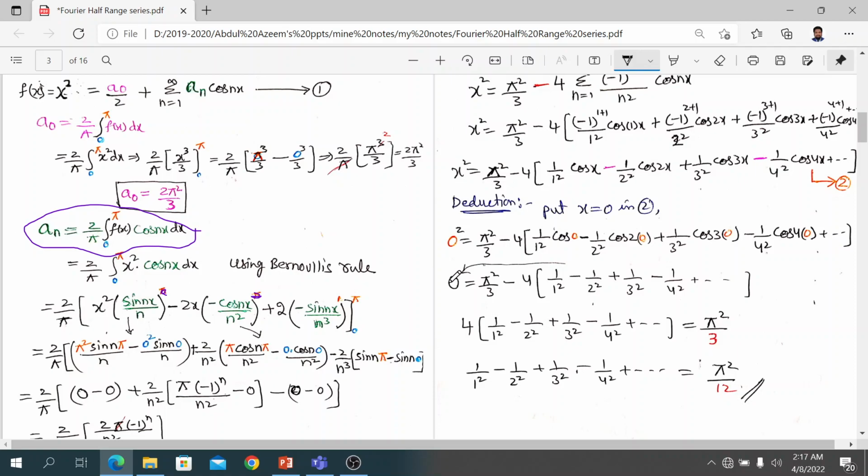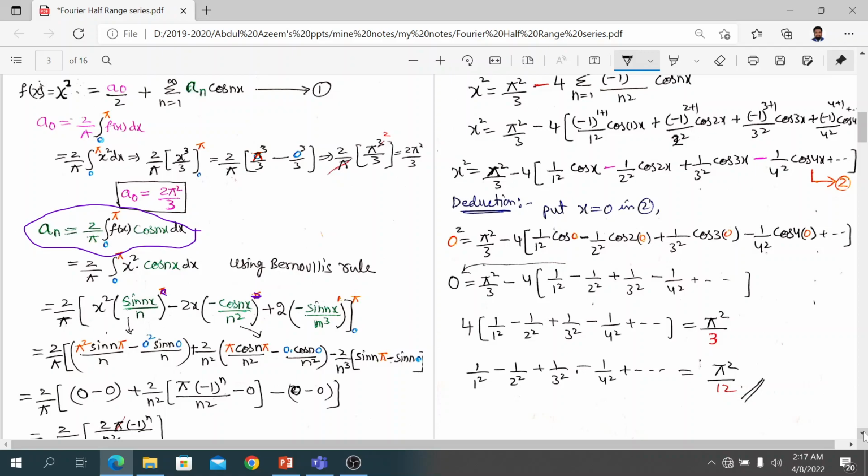Cos 0 is 1, so 1 by 1 square minus 1 by 2 square plus 1 by 3 square minus 1 by 4 square. This minus sent there becomes plus 4 into this series. Now the 4 in multiplication, sent there, becomes divide: 4 3s are 12. So the series is pi square by 12, proved.